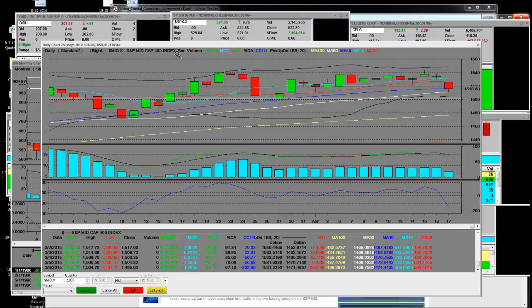This is the S&P 400 mid-cap index, which is very important. That's the backbone of this economy. And we're testing that 50-day simple moving average. We're below the 10. We're below the 20. These markets are in trouble. Earnings season is starting. So we've covered the S&P 500.